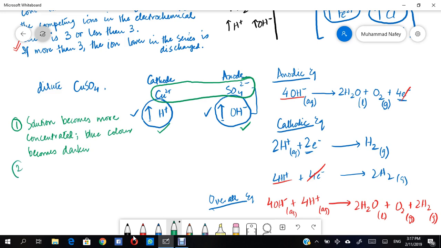The second thing, if we take a look at the cathode, a gas is being produced. If we look at the anode, a gas is being produced. So the second observation is gases produced at both the cathode and the anode.